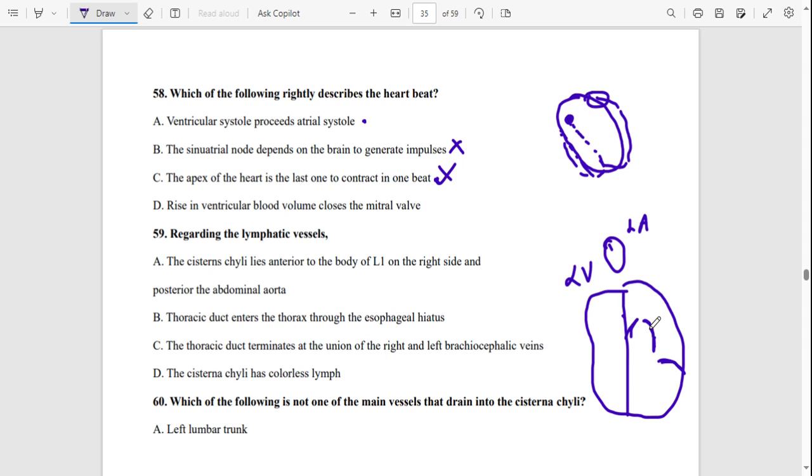I just hope it will make sense with what I want to talk about. So say this is the left atrium, this is the left ventricle. Here is the mitral valve, here is the aortic valve.